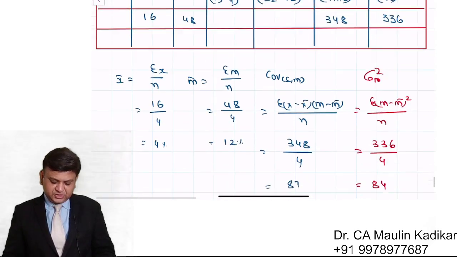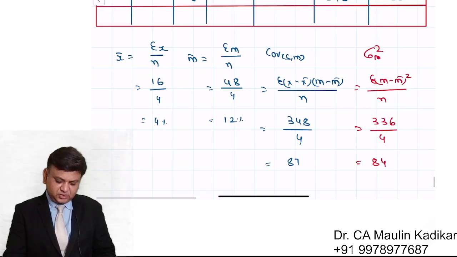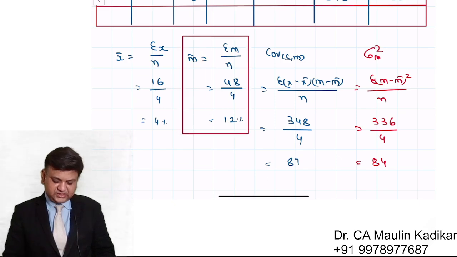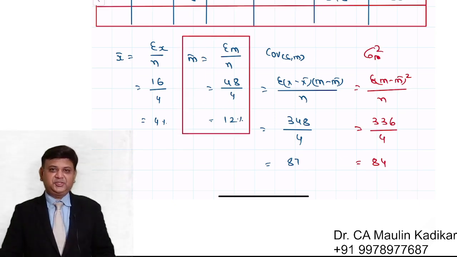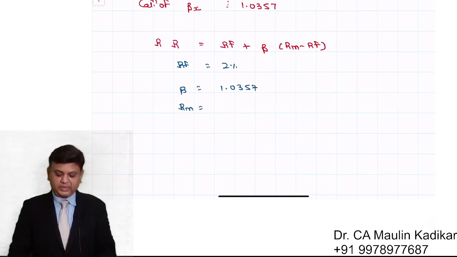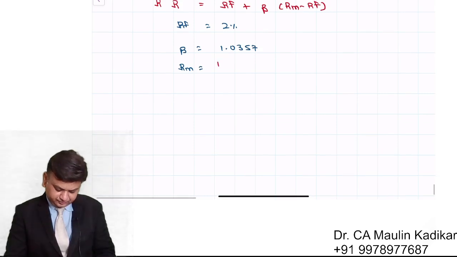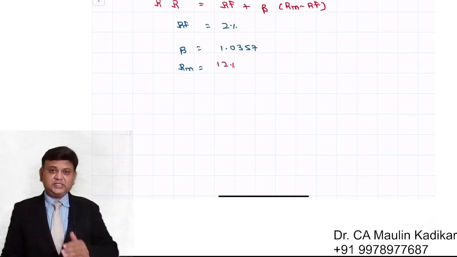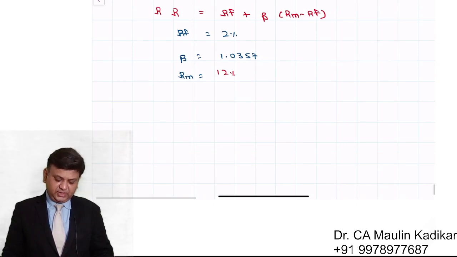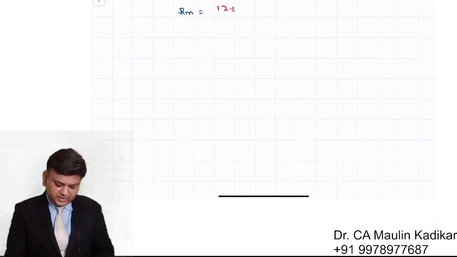This calculation is what we understand is the return on the market portfolio. In this example, it is 12%. So return on the market portfolio is 12%. Now let us understand the formula. Required rate of return is calculated like this.